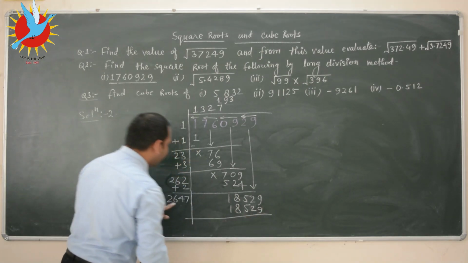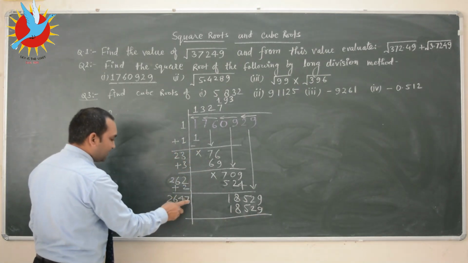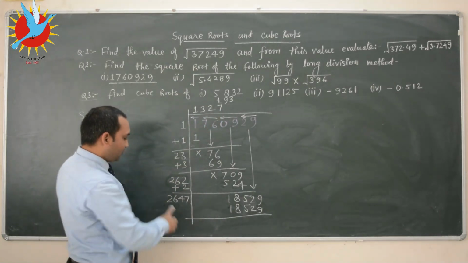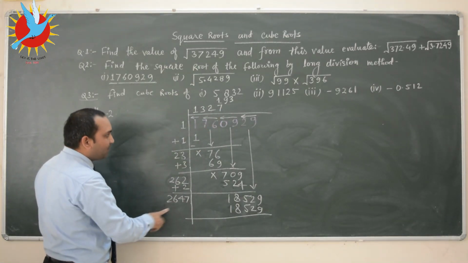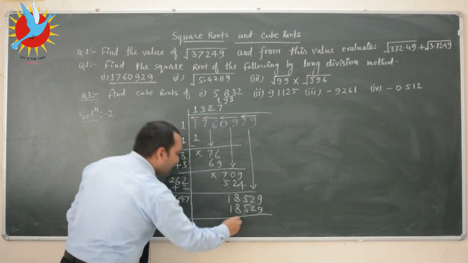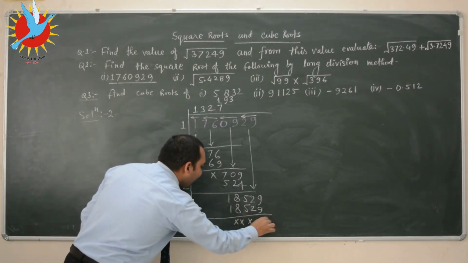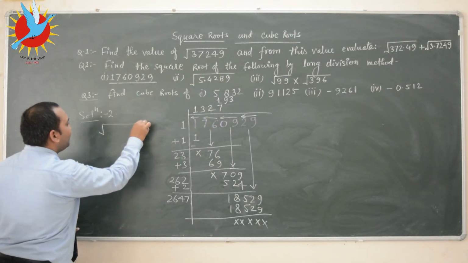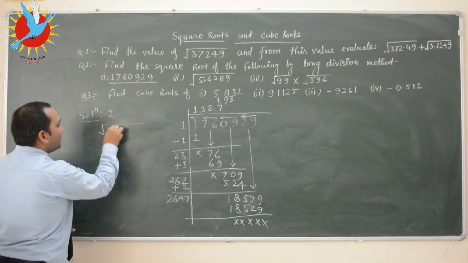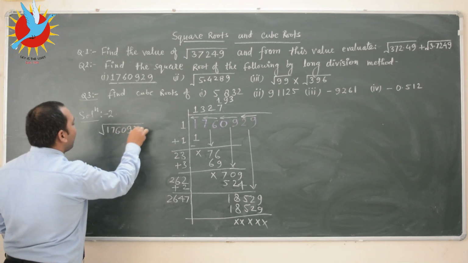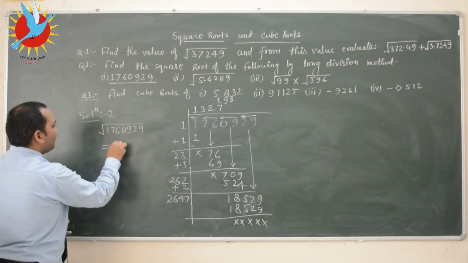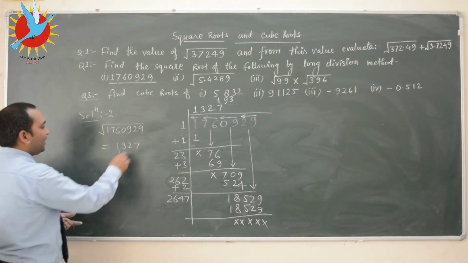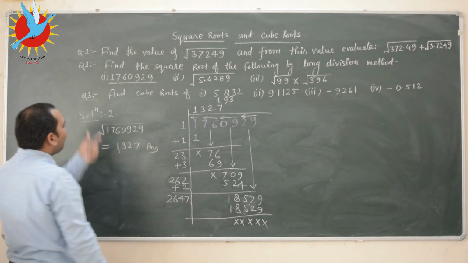So this is exactly divisible when we write here 7 and we itself multiply, that is 2647 multiplied by 7, then it will be cancelled. So we can say that the square root of this number 1760929 is 1327, means 1327.